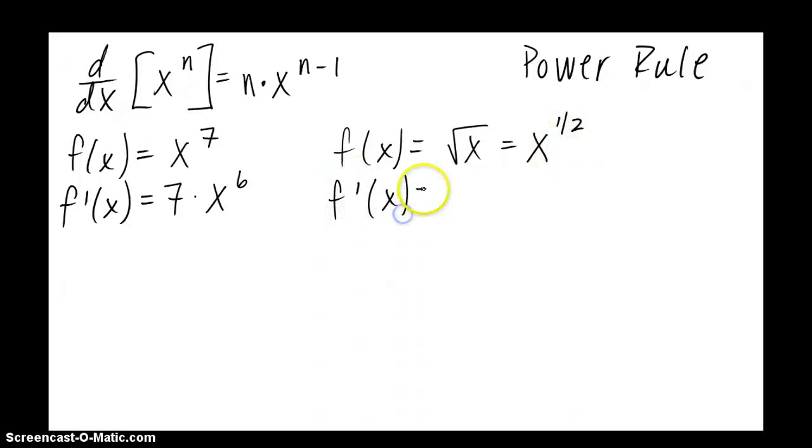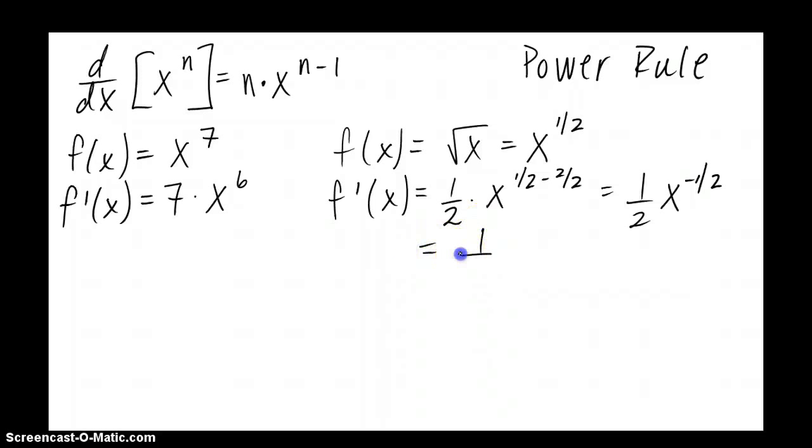So for the derivative, bring the exponent out front, multiply it by x, and then subtract 1 from the original exponent. So 1/2 x to the negative 1/2 power. Now I will require that you write the positive exponents. So the derivative would be 1 over 2x to the 1/2, or you can write it as 1 over 2 times the square root of x. But I do want to see the exponent be positive.